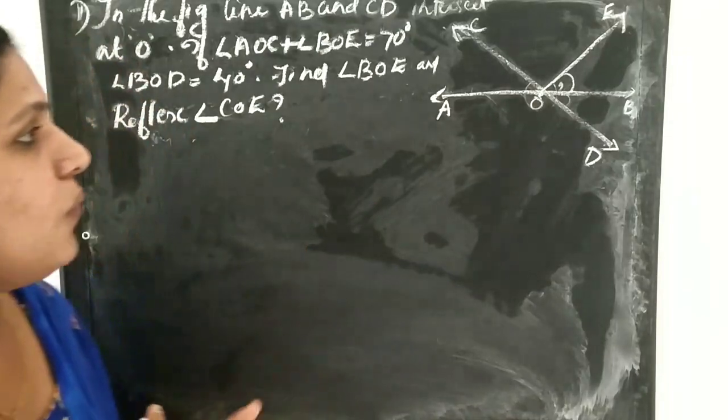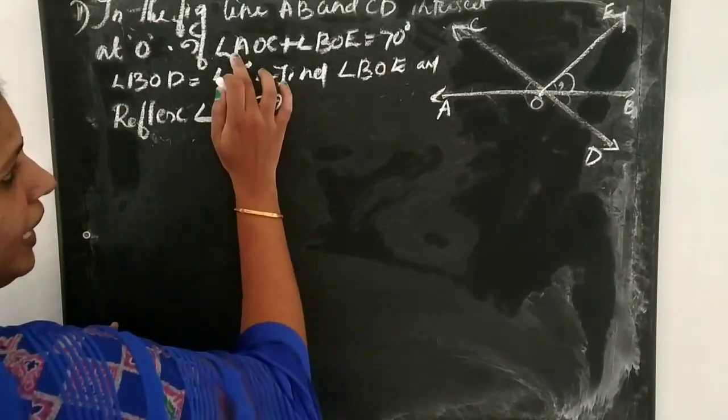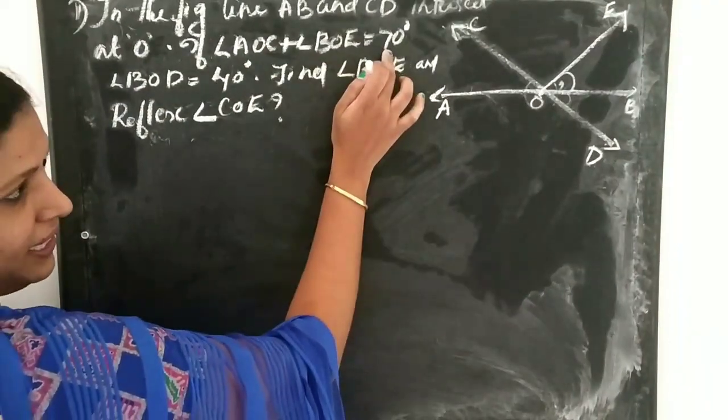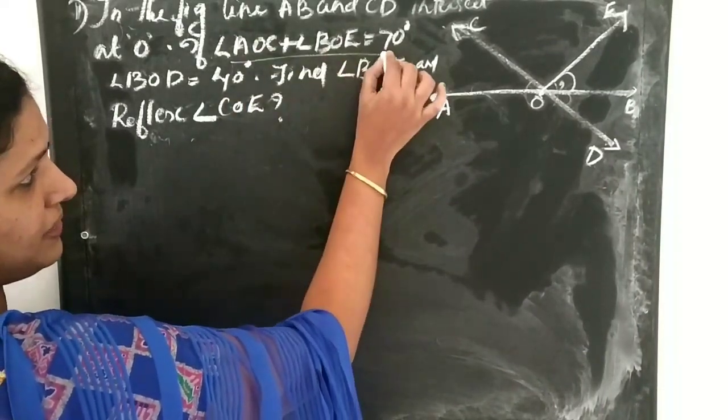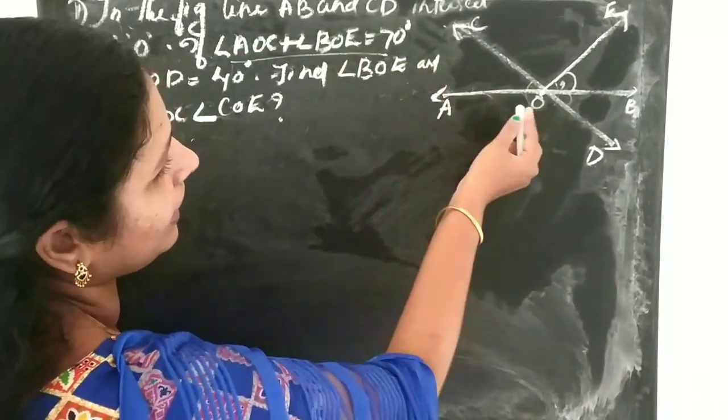Here there is a hint that angle AOC plus angle BOE equals 70 degrees.